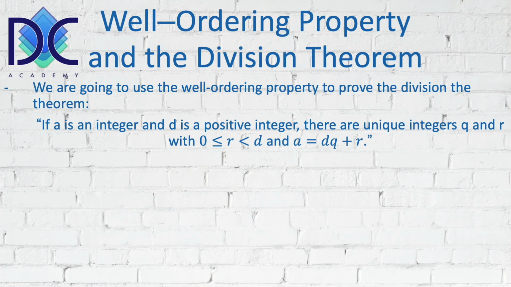But in order to be sure that you get what the division theorem is about, I will restate the division theorem here. So when we have an integer a and a positive integer d, then we have unique integers q and r. q is the quotient and r is the remainder, where we have the remainder between 0 and the divisor. d is the divisor. r can be equal to 0 when the remainder is equal to 0.